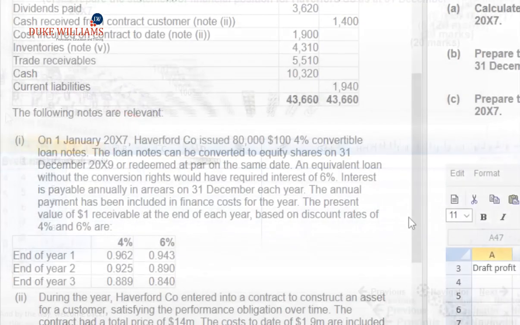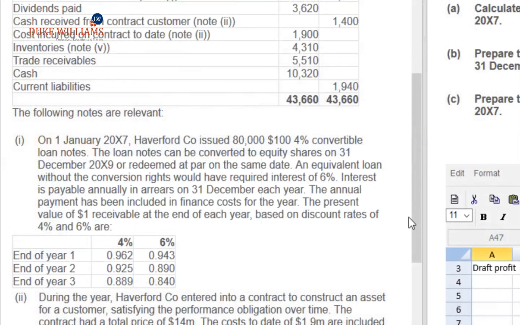The loan note can be converted to equity shares on the 1st December X9. So the issue date is 1st January X7. So X7, X8, X9, so that's 3 years. Or redeem at par on the same date. An equivalent loan note without a conversion right would have required interest of 6%. Because it's a convertible loan note, as per IAS 32, you have to split into debt and equity.